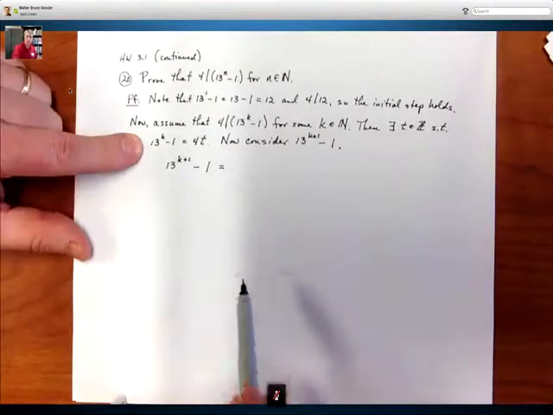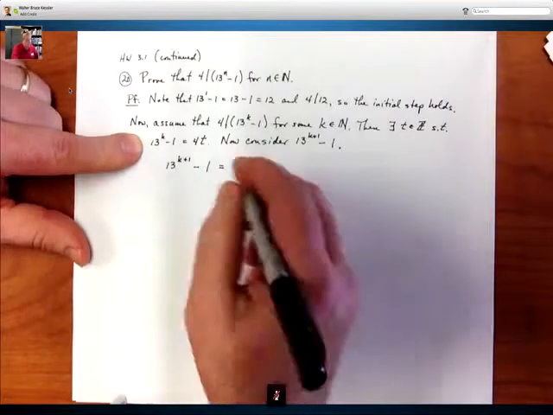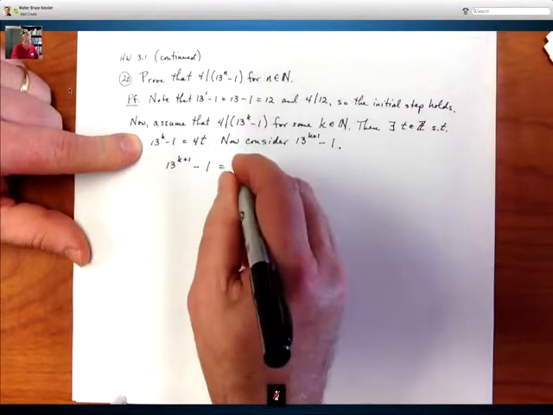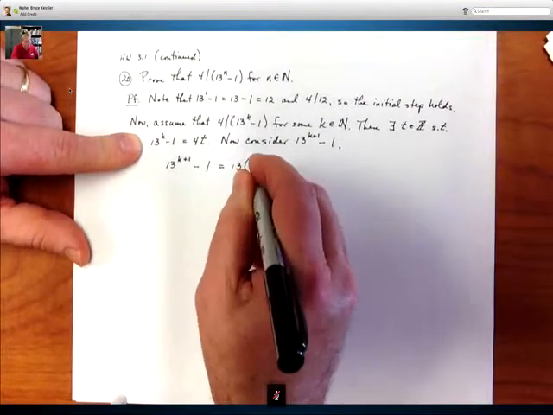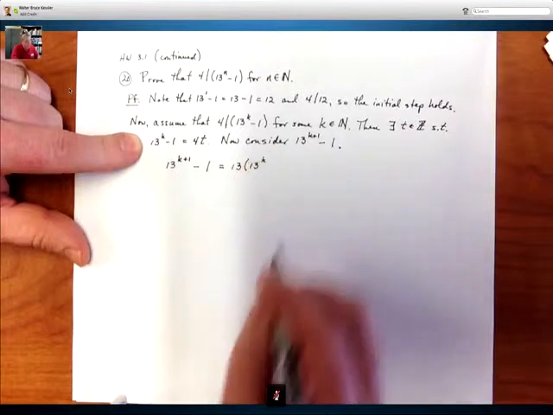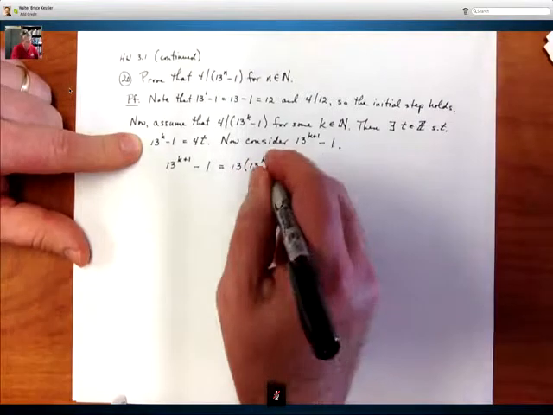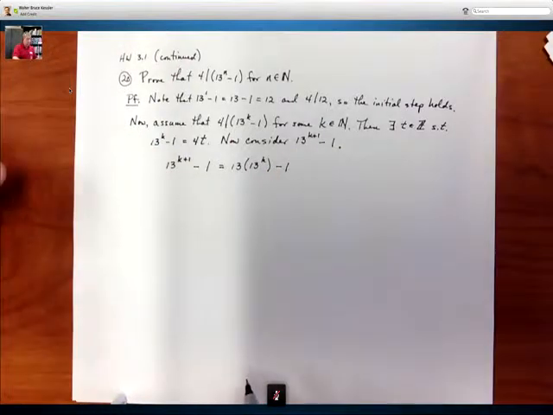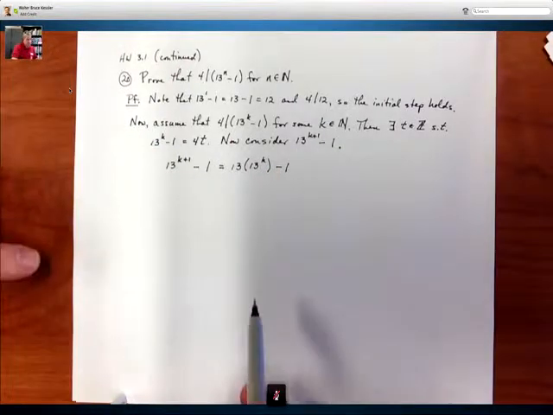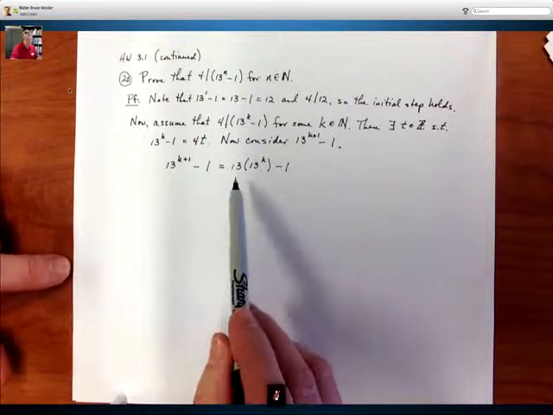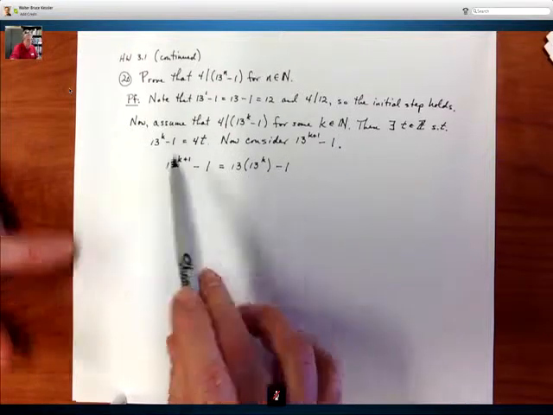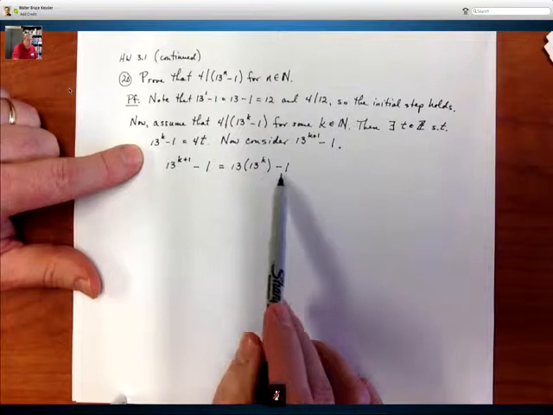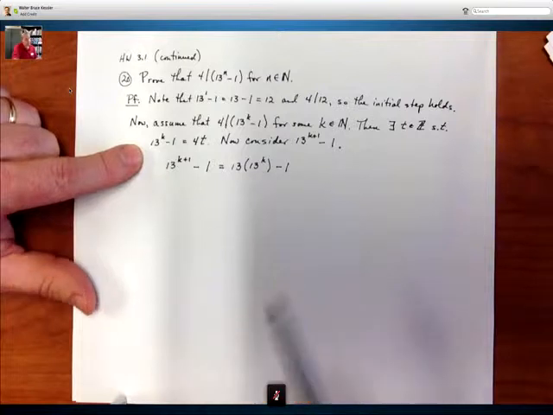Well, we want to go back and use this business here, right? So let me peel out a 13. This is 13 times 13 to the k minus 1. Now, I've got to be a little careful on this because I don't technically have this yet. I have some of the pieces.